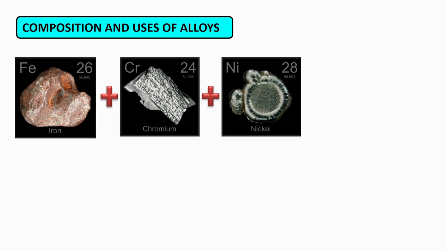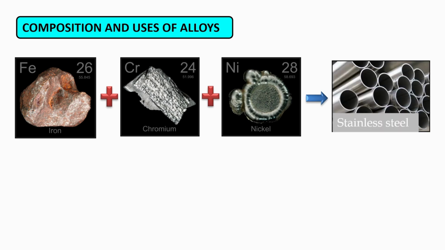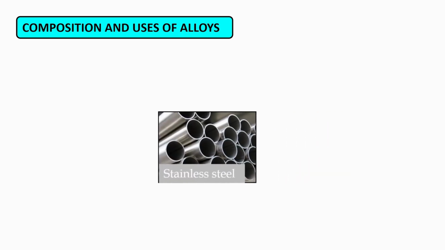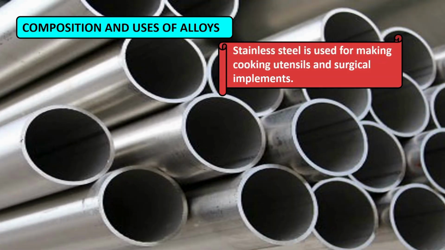Iron plus chromium plus nickel gives you stainless steel. Stainless steel is used for making cooking utensils and surgical implements.